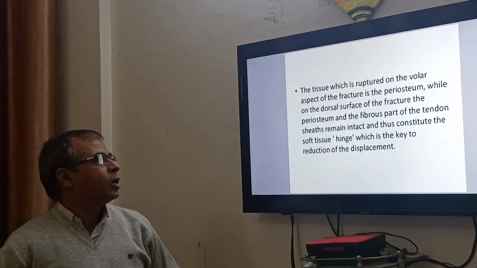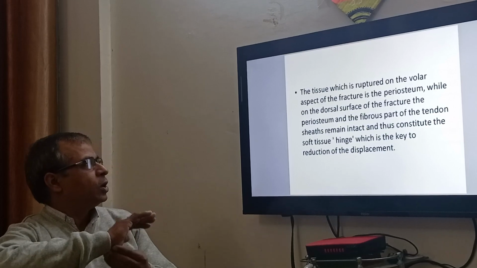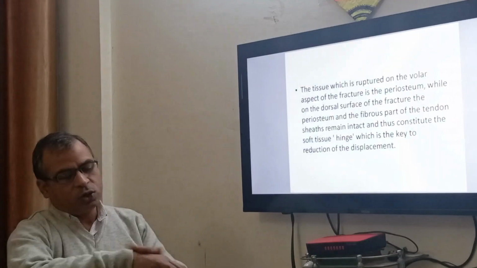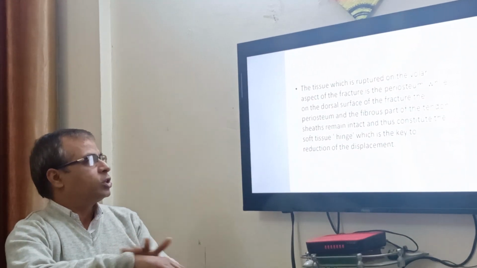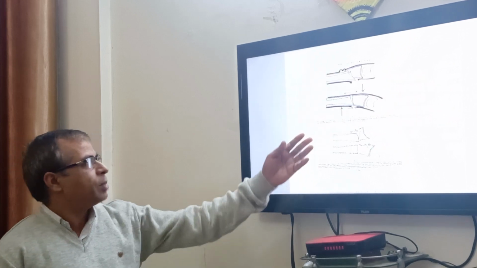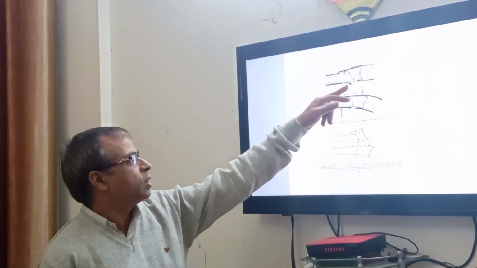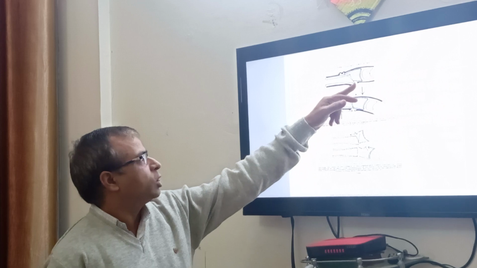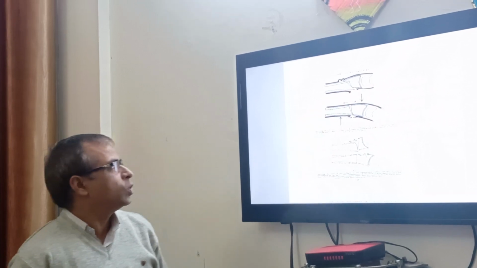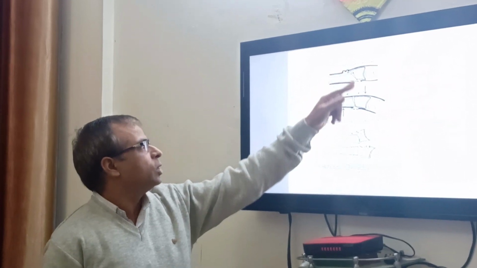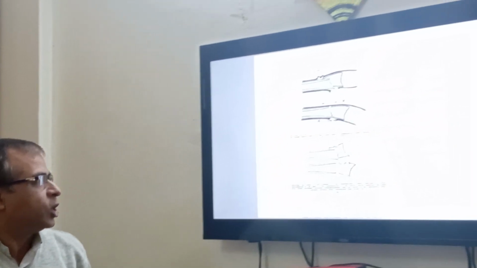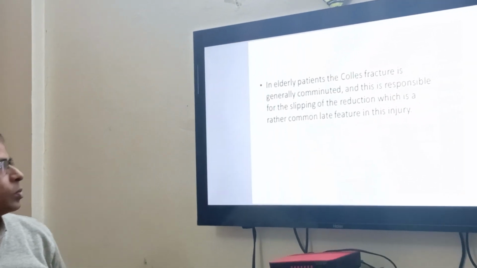So remember, the tissue is ruptured at the volar surface, but at the dorsal surface the periosteum is intact. Next please. In the diagrams you can see this is the volar surface. Here is the disruption of the volar tissue, and there is the hinge at the dorsal side of the Colles fracture.